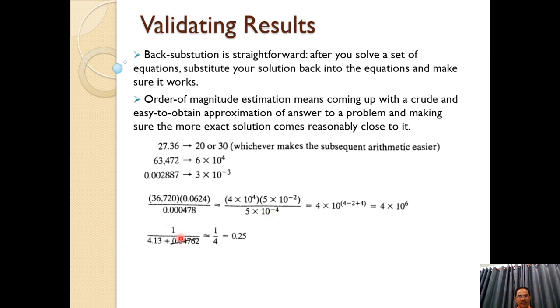And the last example: the calculation is 1 over 4.1 plus 0.074726. If you compare these two values in terms of order of magnitude, this is 4.1 multiplied by 10 power 1, that's right, power 1.